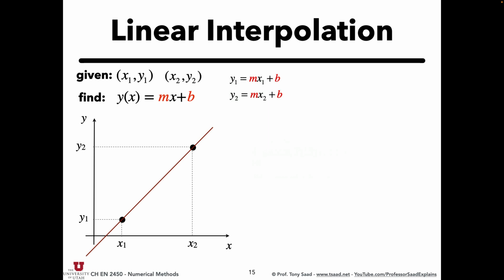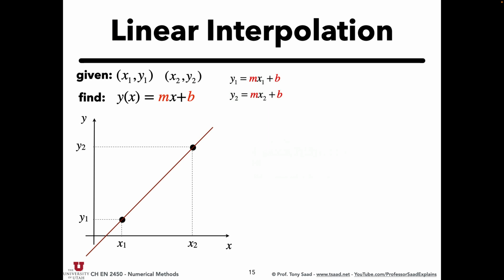That gives you your 2 equations. If you evaluate y of x equals mx plus b at x1, it should give you y1. So y1 is mx1 plus b, and y2 is mx2 plus b. Agreed? Do you know y1, x1, y2, x2? Yes, they're given to you. That's why I'm showing the unknowns in red.